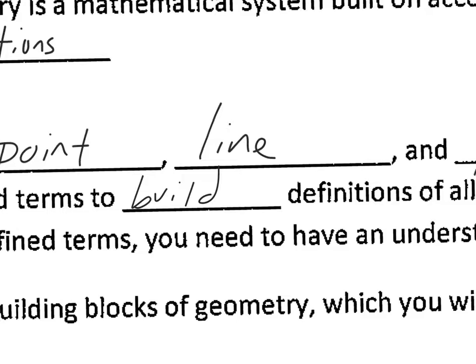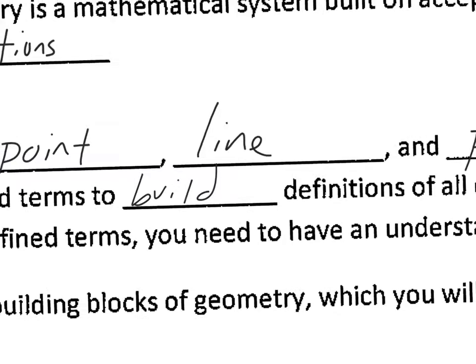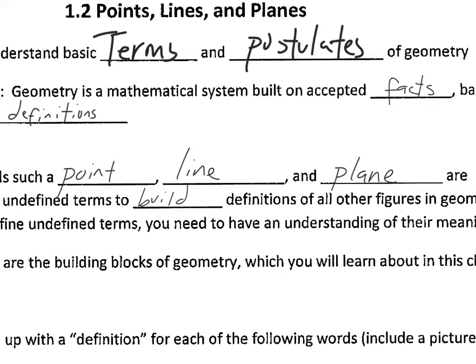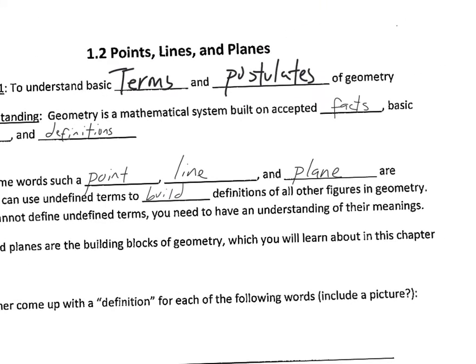And you could do the same thing with a triangle. Triangles, three lines. But there is no definition for lines. We use these to build other figures. And although we don't have a definition for these things, you know what they mean. If I told you to draw a line, you can do it. If I told you to draw a point, you can do that. These are just the building blocks.